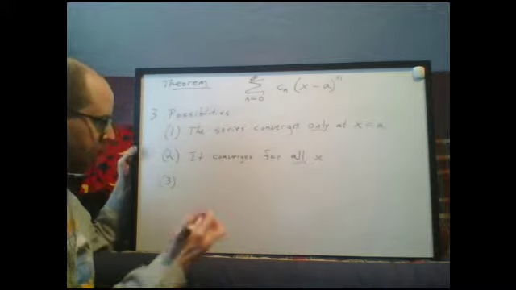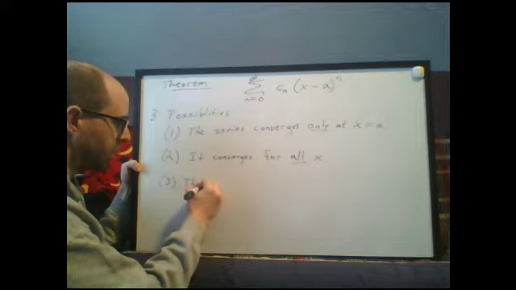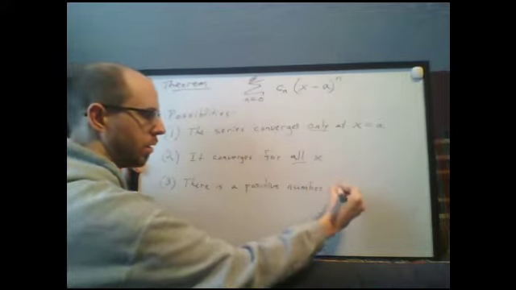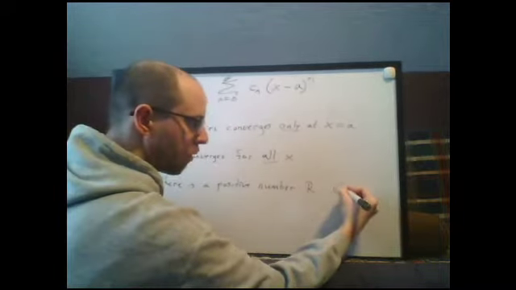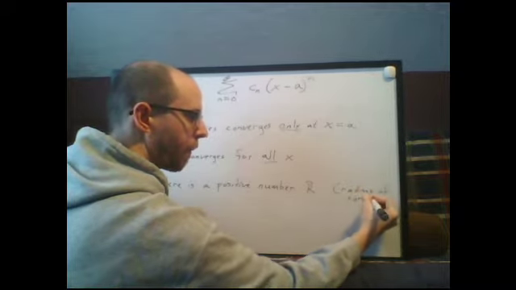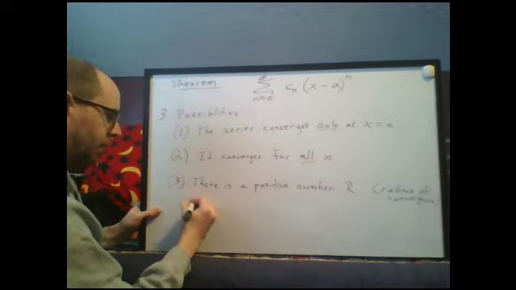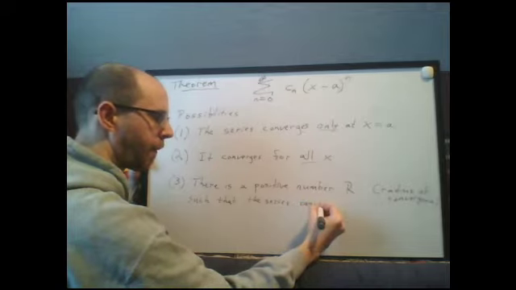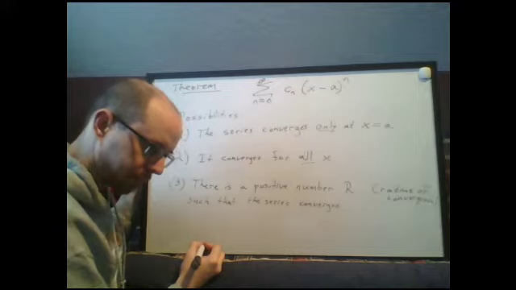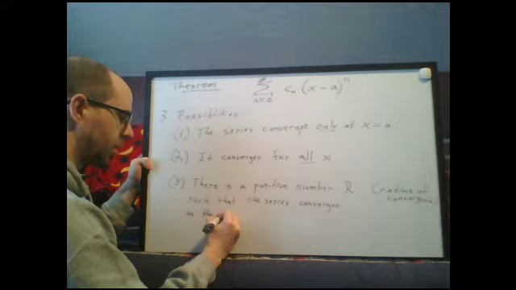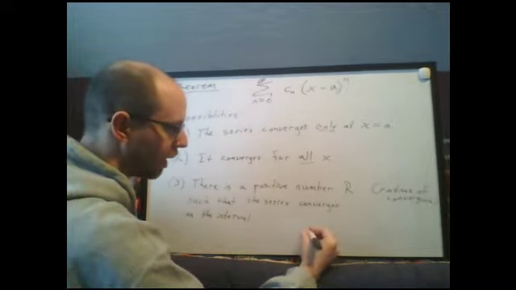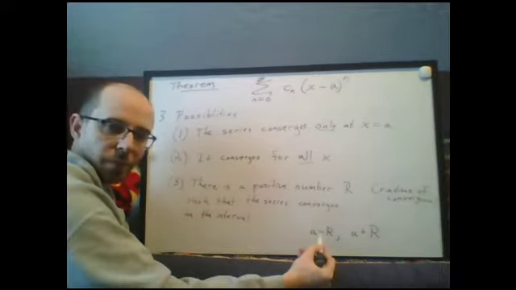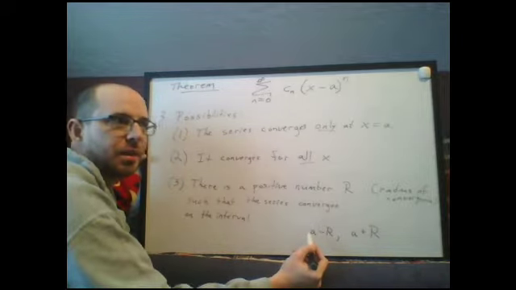The third possibility is there is a positive number R, capital R, called the radius of convergence, such that the series converges on the interval a minus R to a plus R. So from here to here, the endpoints we have to check separately.